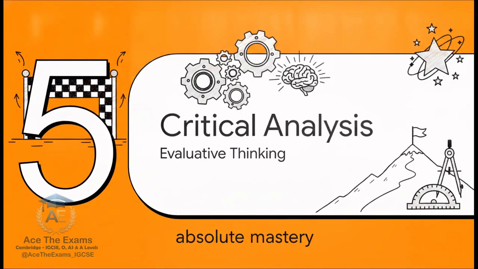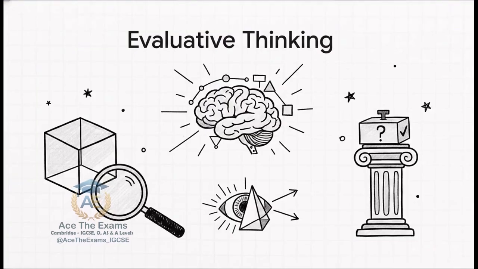Finally, we've made it to Section 5, Critical Analysis and Evaluation, using evaluative thinking for absolute mastery. The top-scoring candidates, the ones getting the A stars, demonstrate evaluative thinking by questioning the assumptions made in the problem. They consider different perspectives and alternative interpretations.